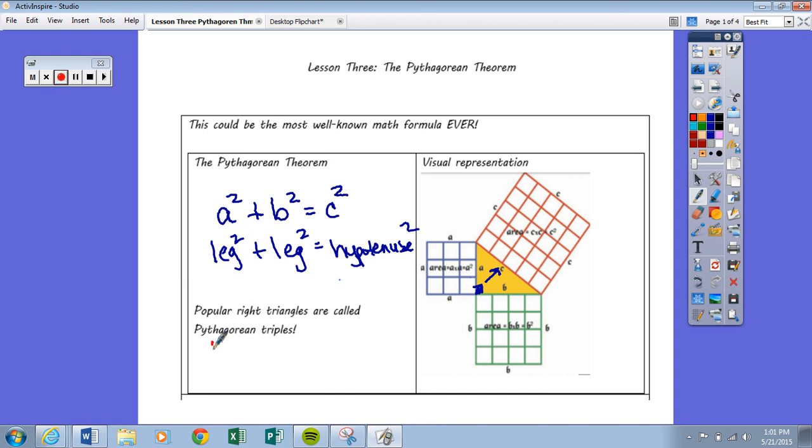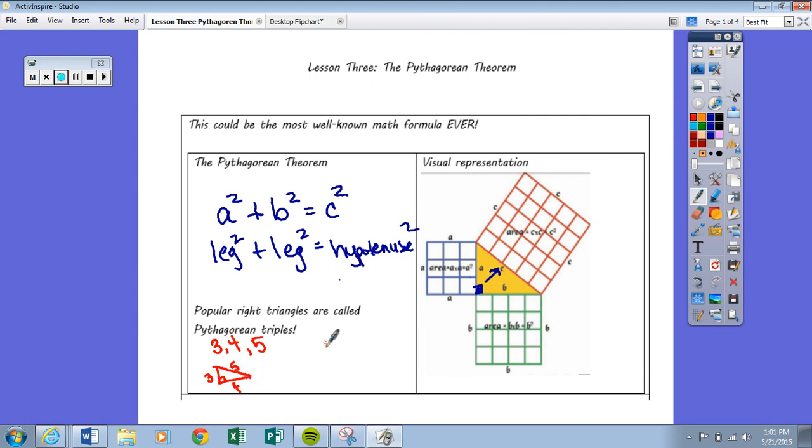But I think the most popular one is probably 3, 4, 5. What this is saying is that one of the legs is 3, the other leg over here is 4, and the hypotenuse would be 5. So this is just a famous Pythagorean triple.